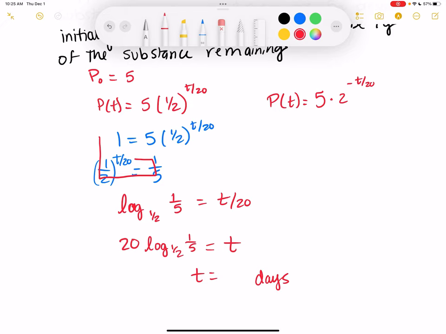What do we get? T equals 46.444 days. Sweet.